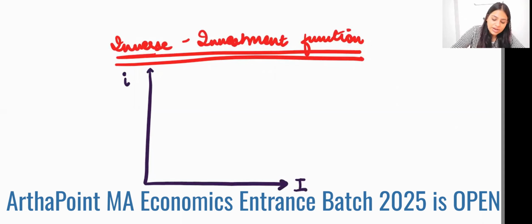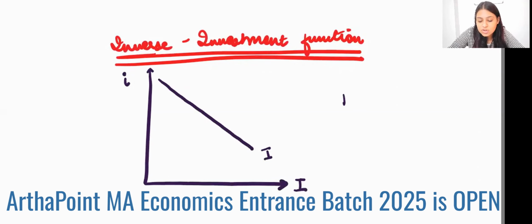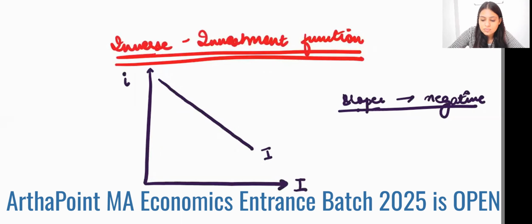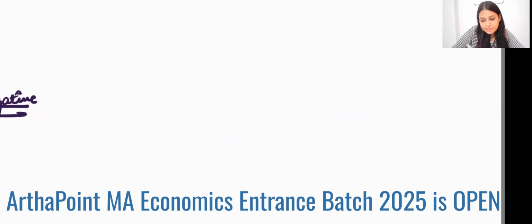And then I again plot a downward sloping investment function because I understand that it is negatively sloped. So the slope is negative. But here is the thing that you have to understand. When I say I is equal to I bar minus b times i, if I have to write this in terms of i, what will I get?